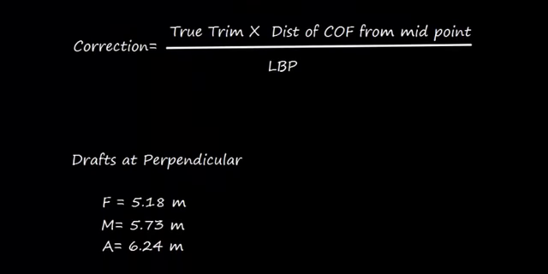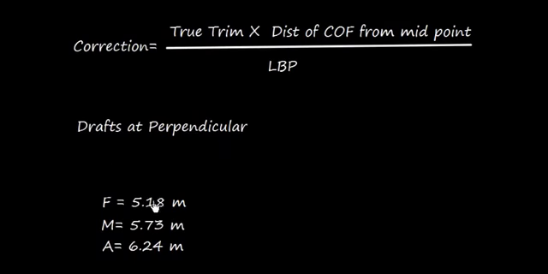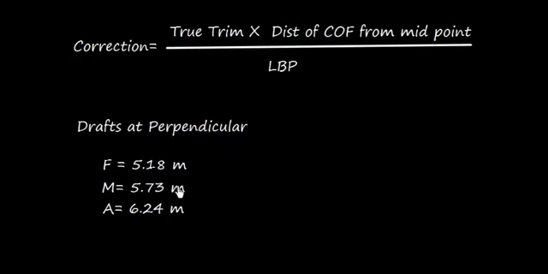Now, in our example, we had these drafts at the perpendiculars. The forward was 5.18, midship was 5.73 and aft was 6.24. Okay, so let's find the true trim. True trim is the difference of forward draft and aft draft at the perpendiculars.